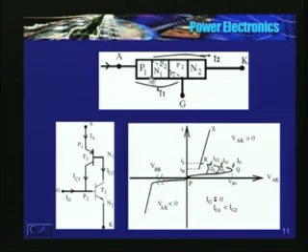So there is a PNP transistor, an NPN transistor, interconnect them. Base of PNP is same as the collector of NPN. Collector of PNP is same as base of NPN. So this is anode, this is cathode, this is gate.